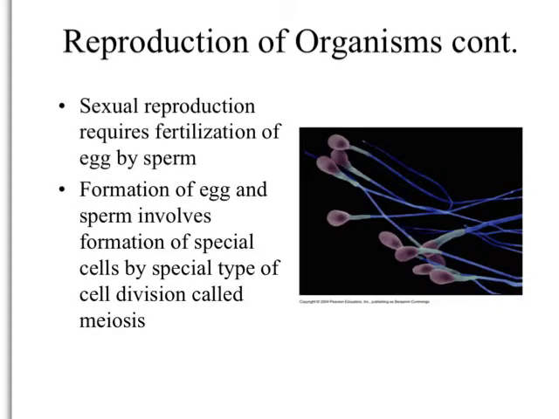However, most multicellular organisms need to go through what's called sexual reproduction, which requires the fertilization of an egg by sperm. The formation of sperm and egg involves a special kind of cell division, which is called meiosis, and that's what we're going to cover in the next lecture.